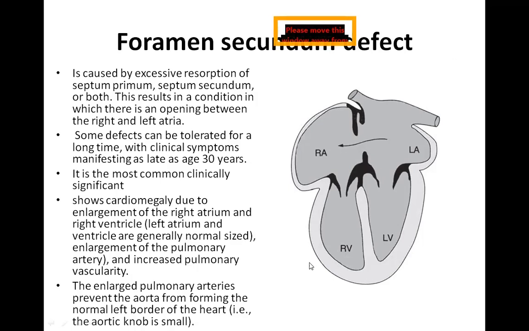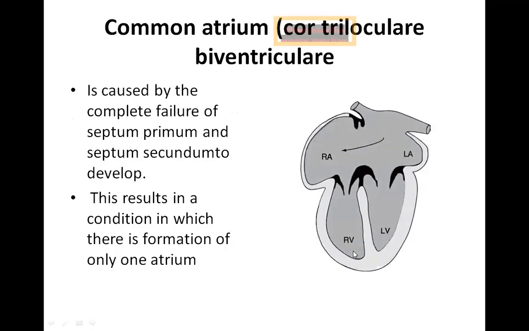Why? Because increased blood will go from the right ventricle to the pulmonary artery to the lungs, and increased blood will return through the pulmonary veins. So the enlarged pulmonary arteries prevent the aorta from forming the normal left border of the heart. Such foramen secundum defects are known as atrial septal defects.